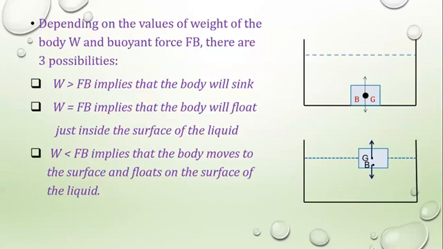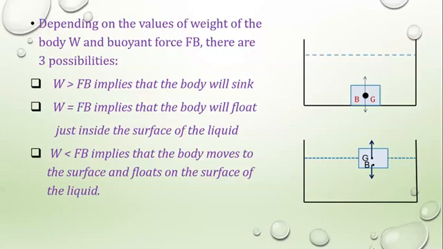That means this is the submerged part, whatever liquid it displaces, the weight of that liquid and the weight of the submerged part will be the same. Only that much part of the body will be inside, and only that much buoyant force will act on the body, because weight is also a force.